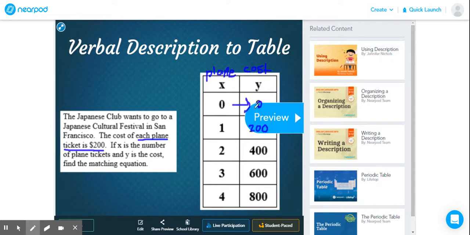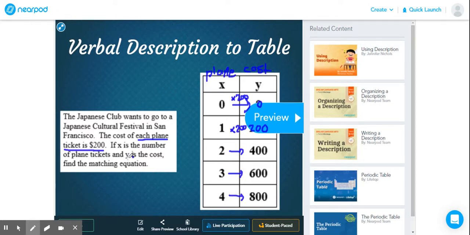It's going to cost me $0. But I still have that multiplicative relationship of times 200, because anything times 0 is still 0. Here I bought 1 plane ticket. Multiplicative relationship times 200, it's going to cost me $200. 2 tickets will cost me $400, 3 tickets will cost me $600, and 4 tickets will cost me $800.